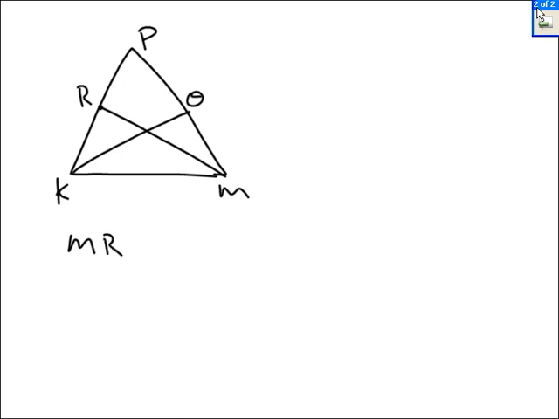So these are the givens. MR is perpendicular to KP. Likewise, KO and RM are also perpendicular. That is, they meet at right angles.